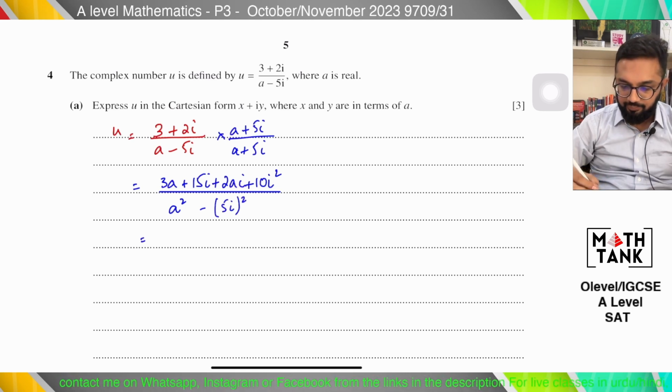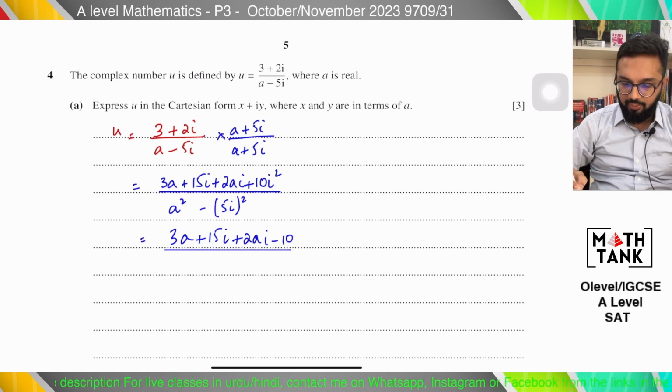So I get 3a plus 15i plus 2ai minus 10 over a squared plus 25.